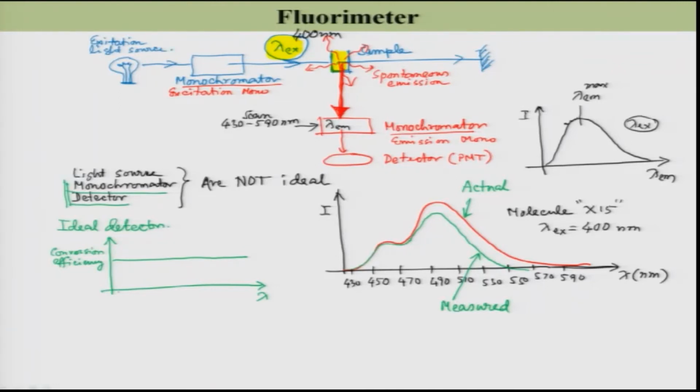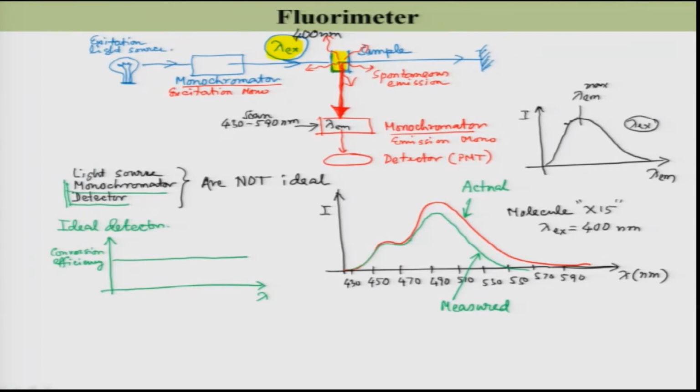So, the efficiency of the detector to convert a given intensity of light at 430 nanometer is same as 510 nanometer is same as 590 nanometer.